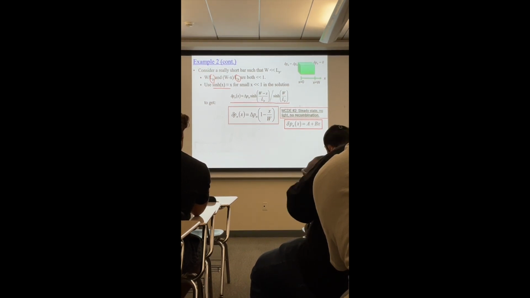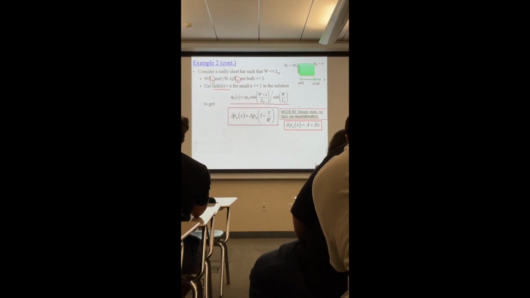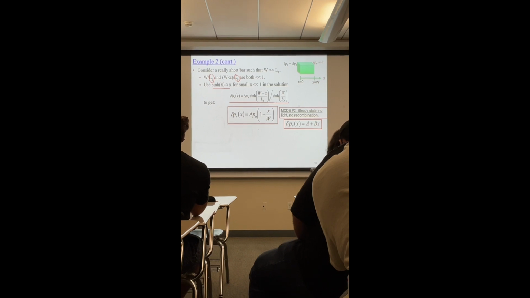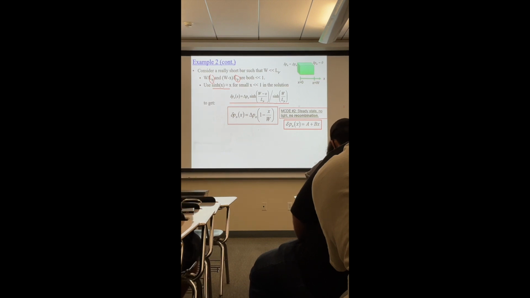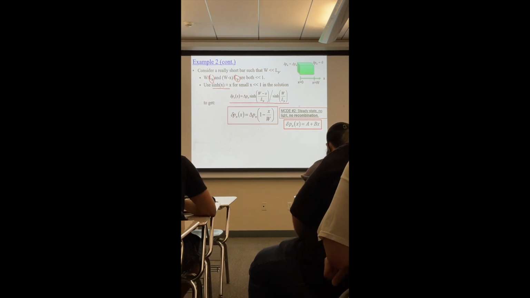This is true for this example because the width is much smaller than LP, the diffusion length or recombination length. If the sample width is much smaller than the diffusion length, recombination can hardly happen.